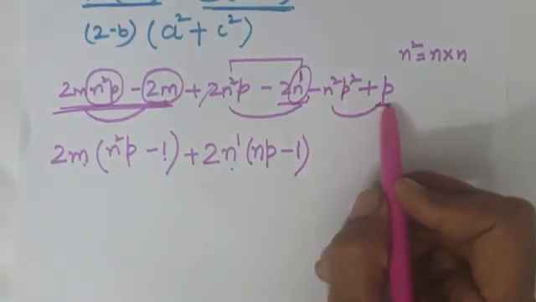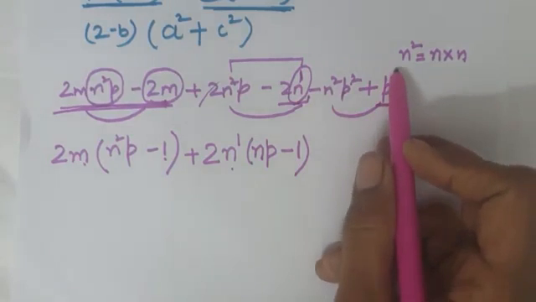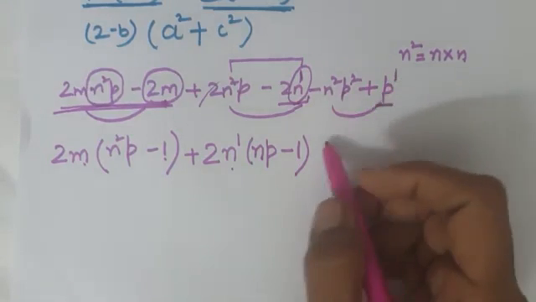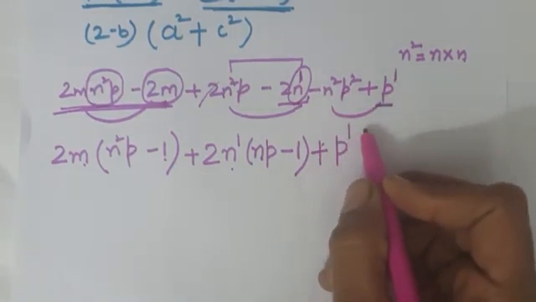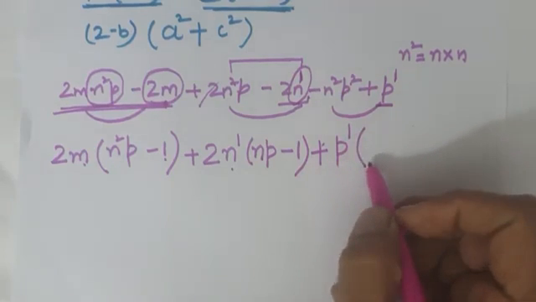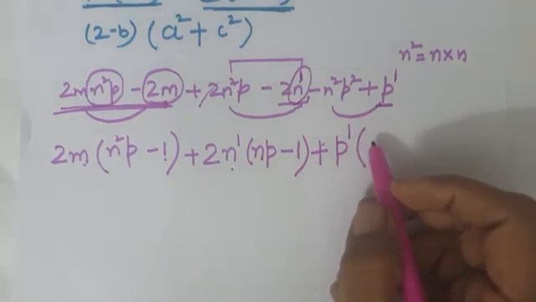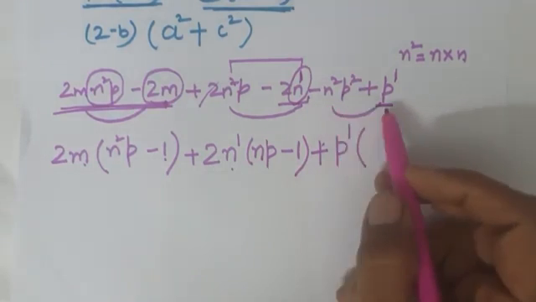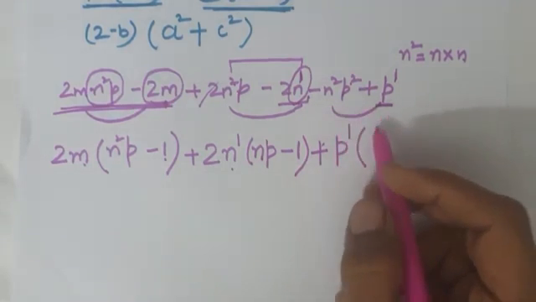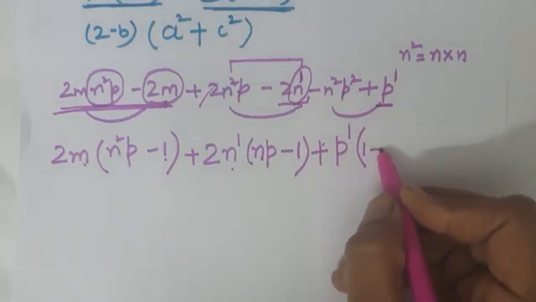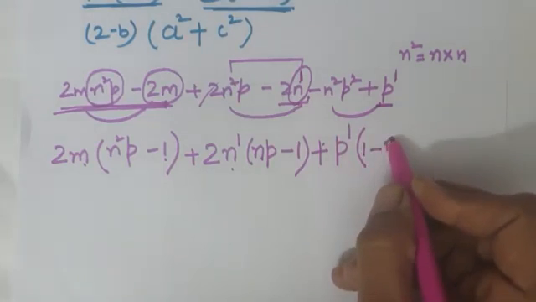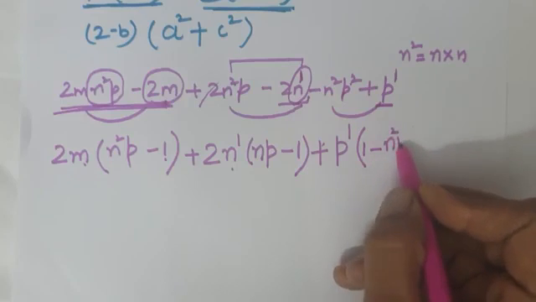And here p is raised to power 1. So can I take p raised to power 1 as common? Yes. So what is left here? 1 minus n square p.